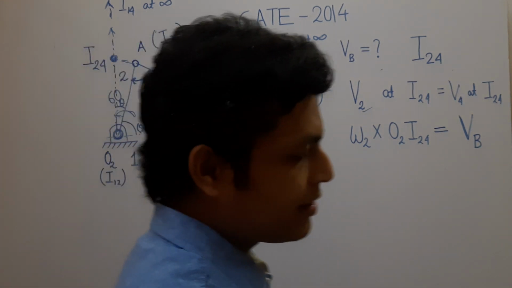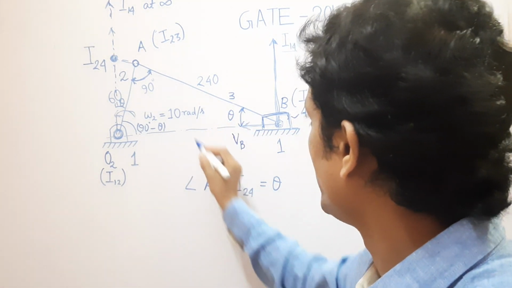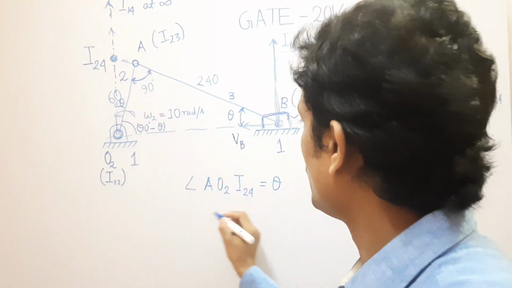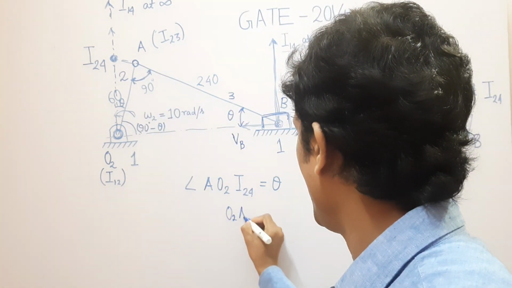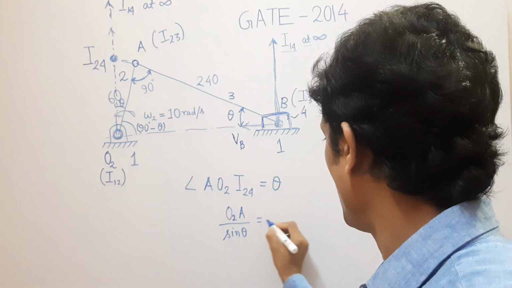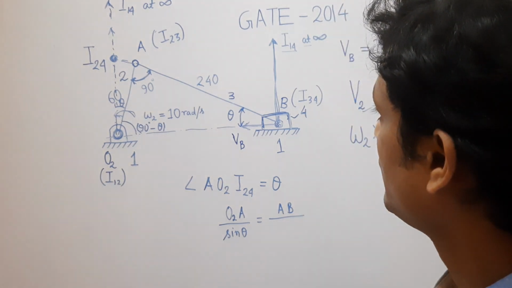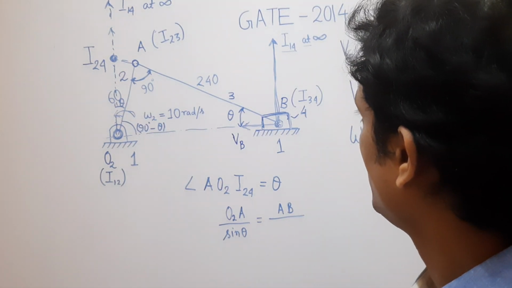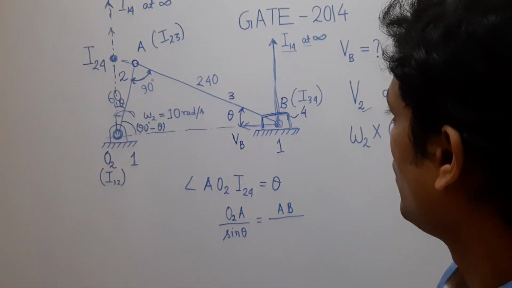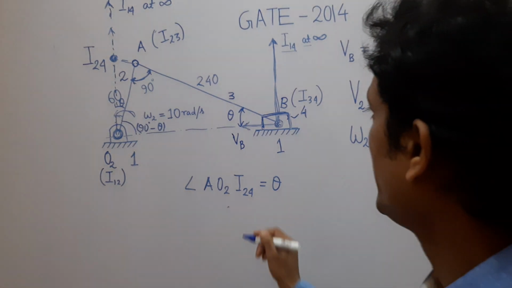Now we can apply sine law or Lami's theorem, that is, length of AB and O2A are known. So O2A by sine of theta is equal to AB by, sorry, this angle is known, or you can find it by sine theta.